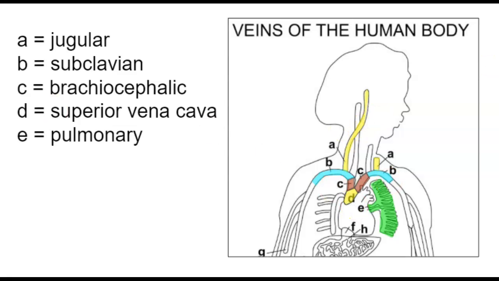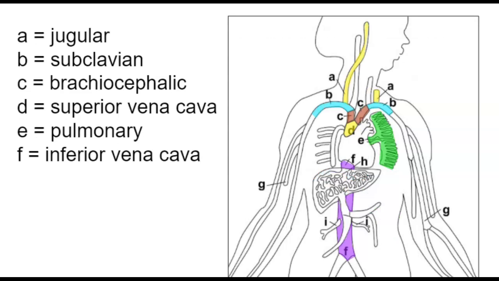It's going to our lungs. F, here's our inferior vena cava. Okay, so it's not two separate ones. It's the top of the vena cava, that's the superior, and then it wraps down. So basically, anything that's above the heart we call the superior. Below the heart, it's inferior. And so it goes all the way down here.